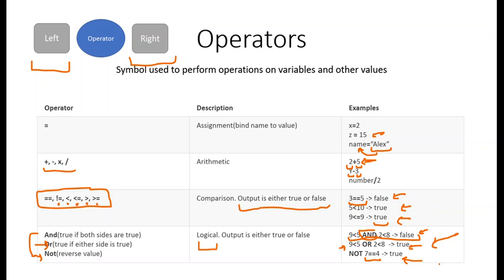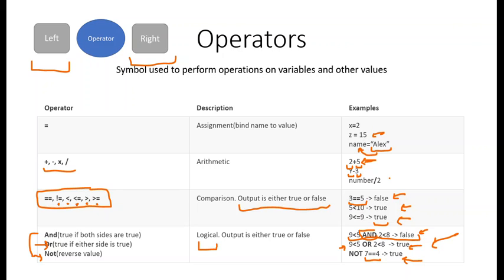Now remember, and this is very, very important, there is something called the precedence of operators, which means basically that certain operators will be evaluated by Python before some other operators.